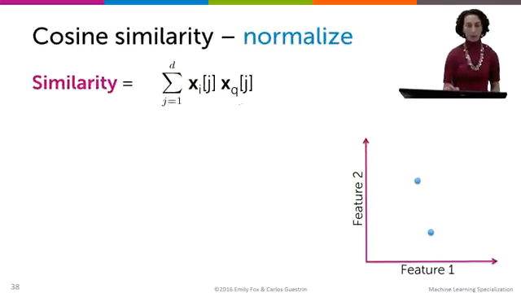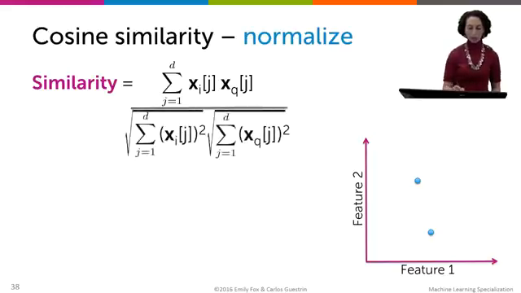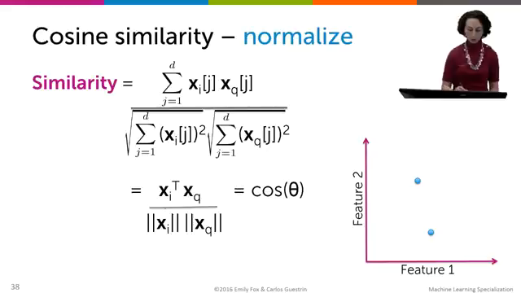And the similarity that we talked about on the previous slide, where we just summed up the products of the different features, is very related to a popular similarity metric called cosine similarity, where it looks exactly the same as what we had before, but in cosine similarity, you're going to divide by the following two terms, where I think it's a little bit more straightforward to write it as follows, where what we see is that each one of these terms is just normalizing the vector.